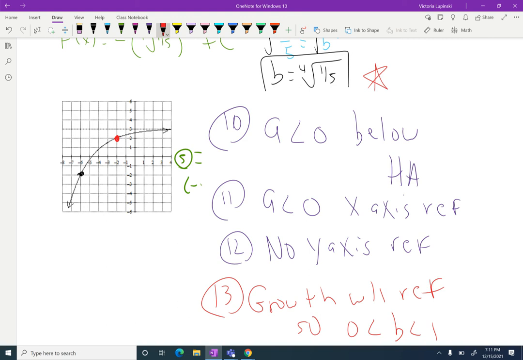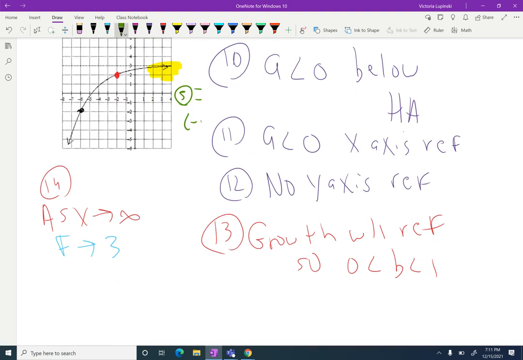Okay. I talked about the concavity. I talked about the increasing. A little note about the end behavior. As x goes to positive infinity, which is over here, I would say that f is going to 3. And if I was going to classify that as with or without bound, I would say that was with bound because it's approaching a number.